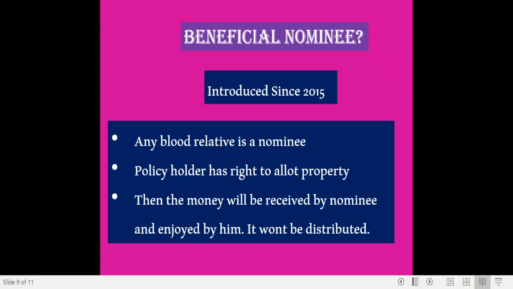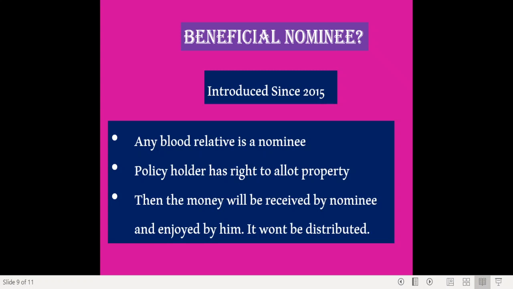The first two bullets: any blood relative is a nominee, so he can qualify to be a beneficial nominee provided the policyholder has a right to allot the property. This is a big area of study, who has a right to allot the property and who has no right. That all depends upon how he created that property, from his own sweat and blood, or it is ancestral property that he has received. Based on that, the right of the policyholder is decided.